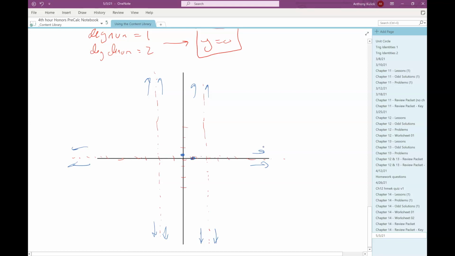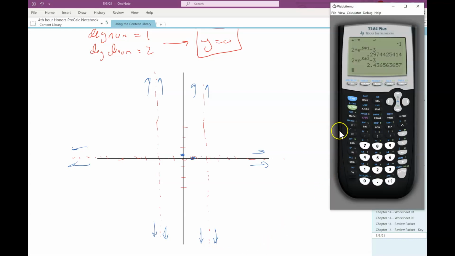So what I'm going to be curious about is whether the y-coordinate is positive or negative when I'm very close to this side of -2 and then very close to that side of -2. So I'm just going to use my graphing calculator to deal with that. I'm going to go to the y equals menu and type in my function.